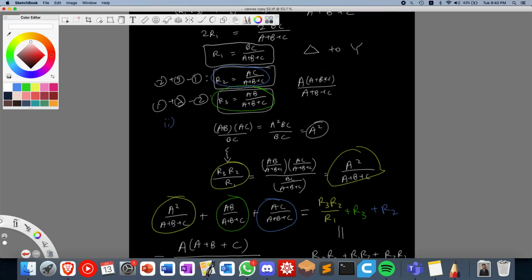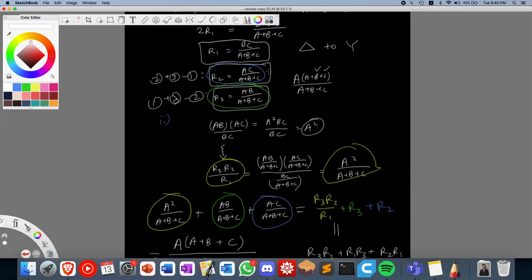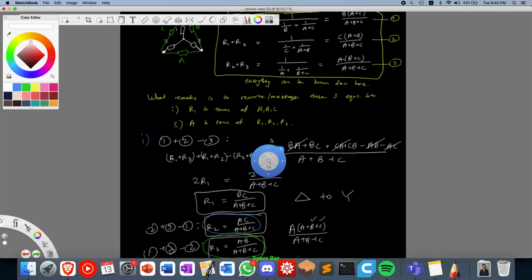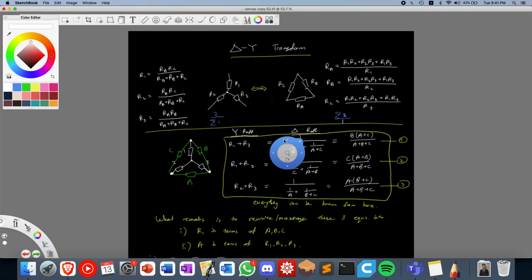Most of them are fine because we have AB and AC already. But we don't really have AA, so how do we find AA? We use divisions of these. So we use this clever product and division to get A squared. So that's basically a short derivation of the delta-wye transform with a bit of narration and motivation involved.